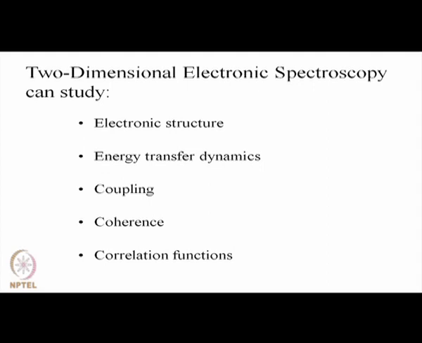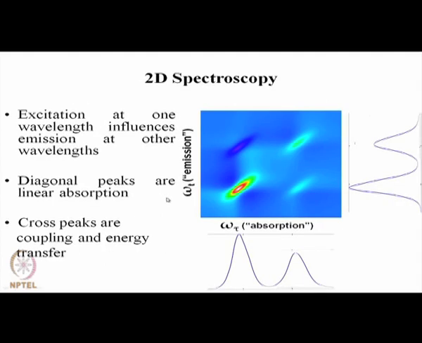In 2D spectroscopy, excitation at one wavelength influences the emission at the other wavelength. Okay, and diagonal peaks, I mean this side is your emission and this side is your absorption. So diagonal peaks are linear absorption and cross peaks are coupling and energy transfer.